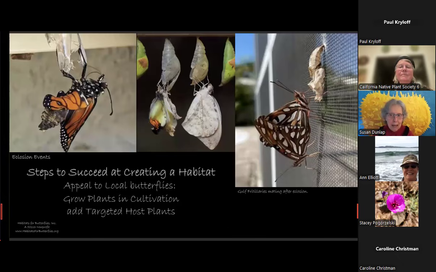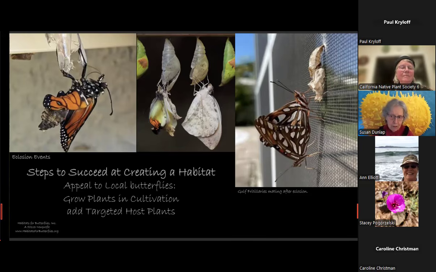My personal habitat journey evolved as I experimented to figure out how to succeed. Initially, I found it easier to create habitats if the host plant is relatively straightforward and in cultivation. That's one of the reasons I planted Passiflora, because it could attract the Gulf fritillary to come to my garden and reside there year-round.